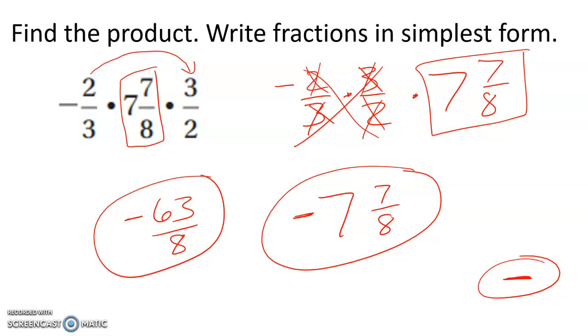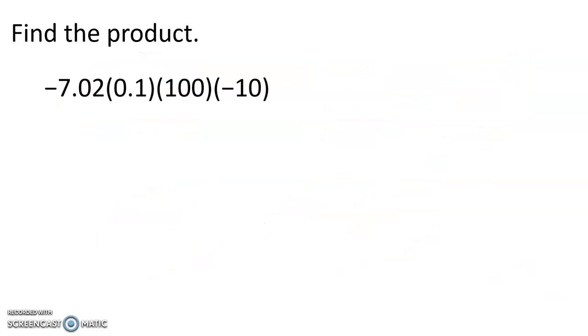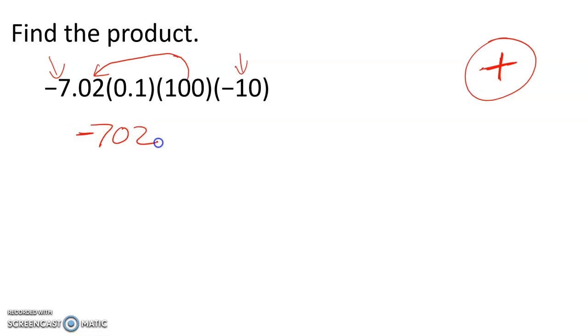All right, let's look at the next one. So how many negatives do I have? One, two. Two negatives make a positive, so I know my answer is going to be positive. And then you can figure out how you want to multiply this. Let's go with these two. 100 times this would move the decimal 2 places, so that's going to be negative 702.